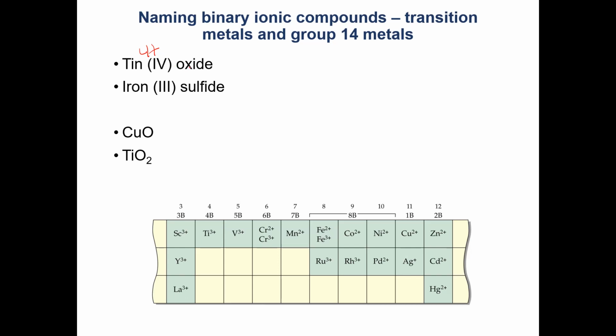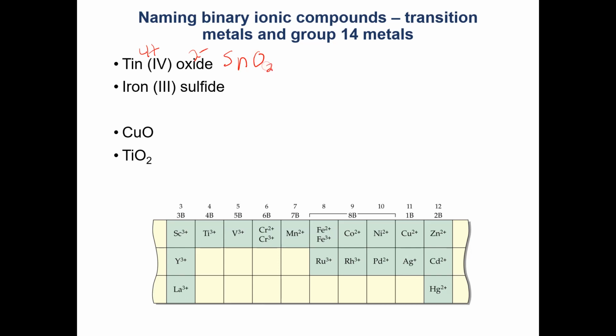So if we're going to write the formula for this, oxygen is in group 16 or 6A, which means it has a 2 negative charge on it. So if we want this compound to be neutral, we need 2 oxygens to go with every tin, so that we have a total of 4 positive and 4 negative. So the symbol for tin is actually Sn.